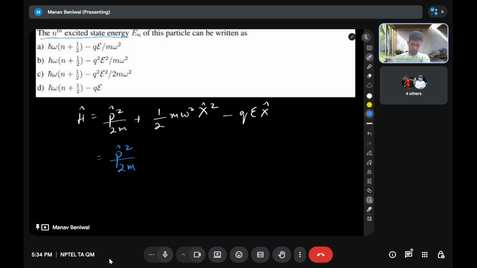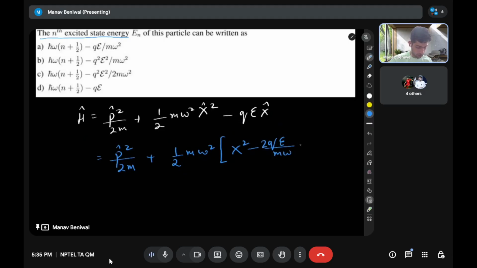So it becomes half m omega squared, and then let's take x minus q E upon, there will be 2 and m omega.